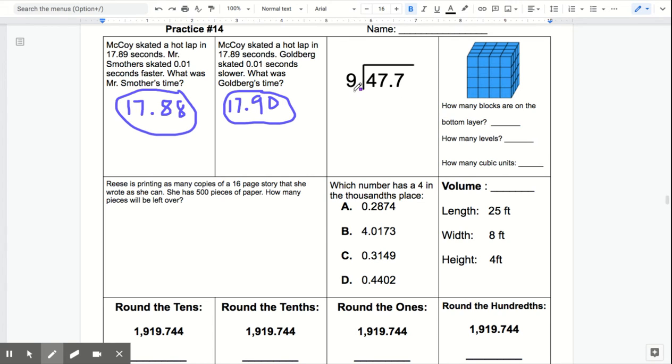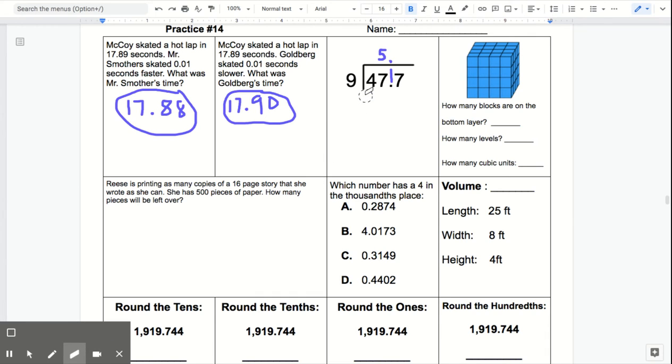Next one, division. Pretend the decimal is not there. We can just move it up above the line because it's on the inside, and then solve our problem like normal. 47.7 divided by 9. So 9 goes into 4. Can't do it. 9 goes into 47. Well, 9 times 5 is 45. So that gets pretty close.